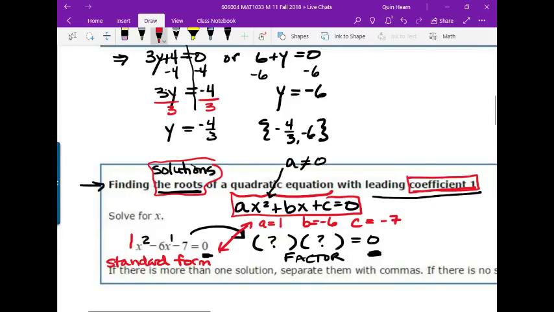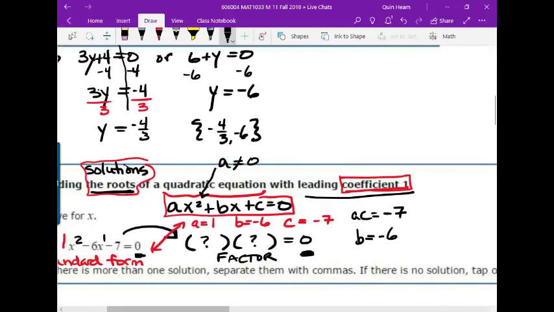We're going to look for factors of the product AC that add up to B. So notice that A times C is equal to 1 times -7, which is -7, and B is -6. So we're looking for factors of -7 that add up to -6.